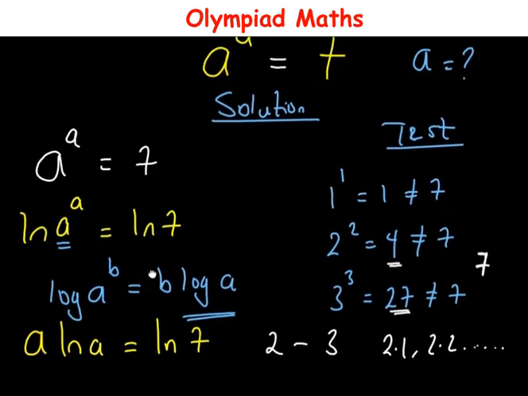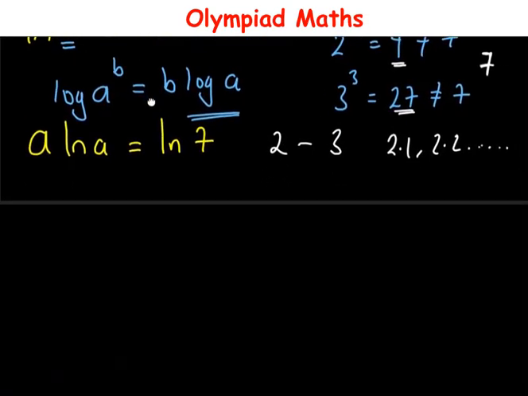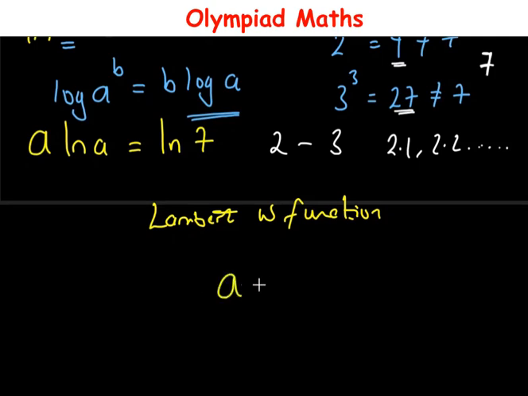At this junction, we are going to introduce a function which is called the Lambert W function. Now, what exactly is this Lambert W function? Let's say you have an expression in this format, a times e to the power of a.